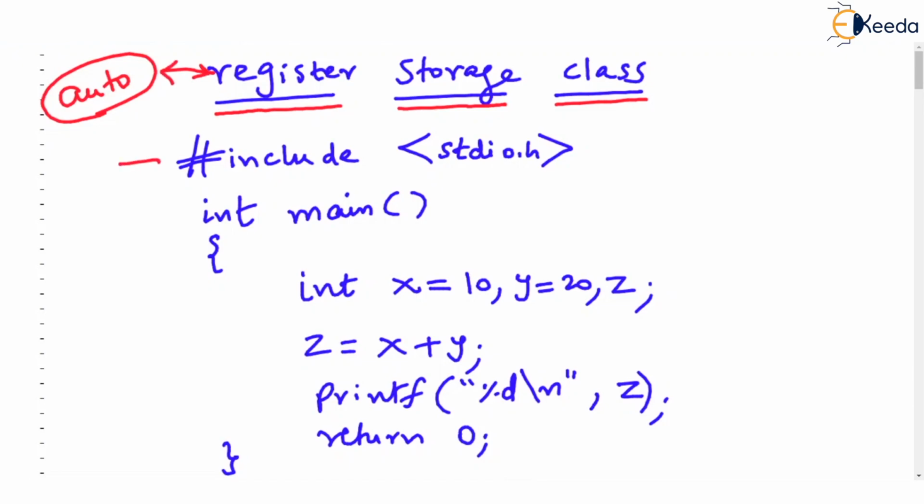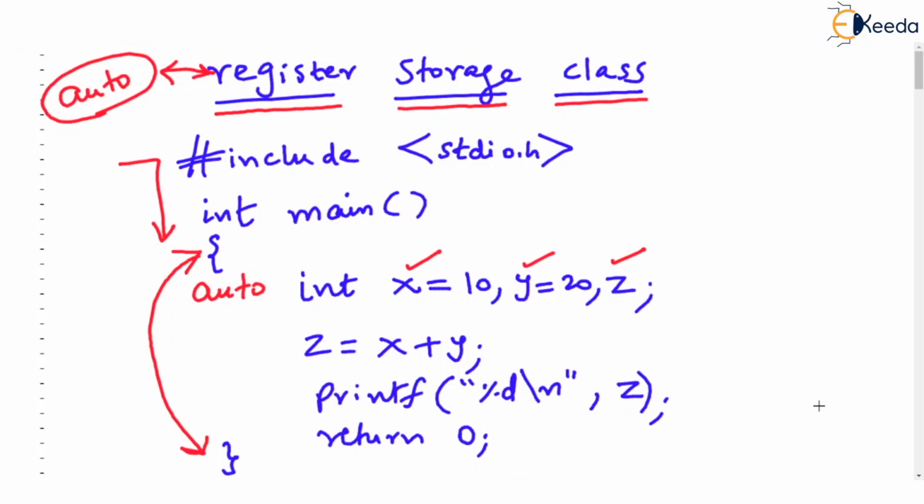Very simple main I have written, int main, where I have declared three variables x, y, z. Notice x, y, and z have been declared in the scope. So all these three variables have auto storage class. The important thing to know about this is that x, y, and z are stored in the memory.